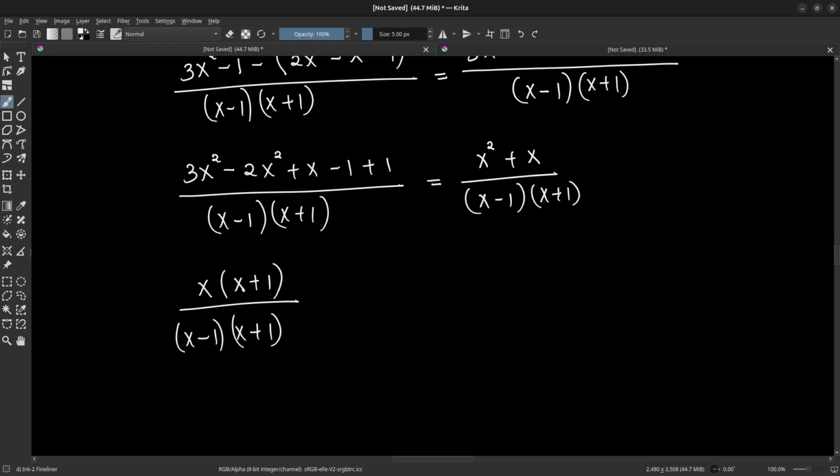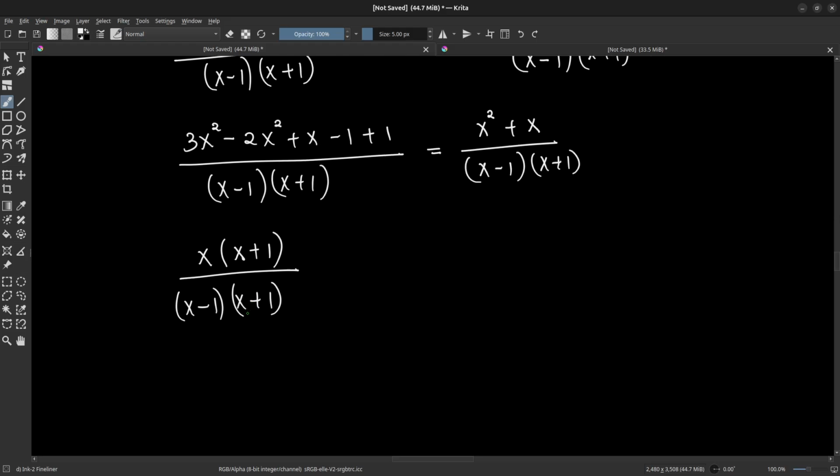Then we have x plus 1 in the denominator and in the numerator, so x plus 1 divided by x plus 1 goes away. This means the whole expression simplifies to x over x minus 1, which is your answer. So the answer is x over x minus 1.